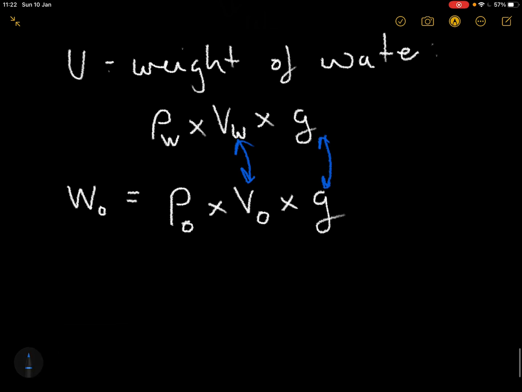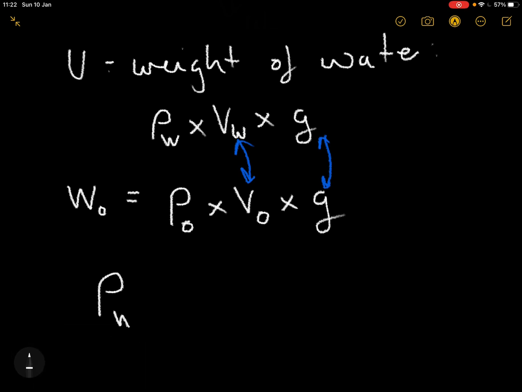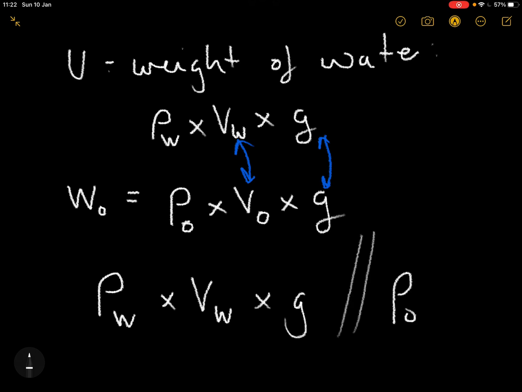And so what you end up doing is comparing density of water times volume of water times gravity against density of object times volume of object times gravity. And you're trying to work out which one's bigger. Because those four terms are the same, you're really just comparing the densities.